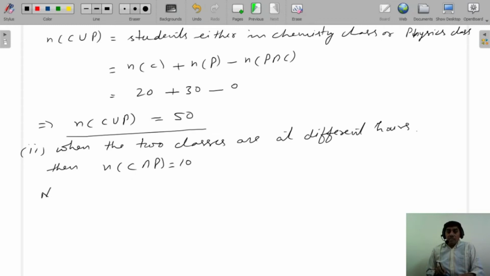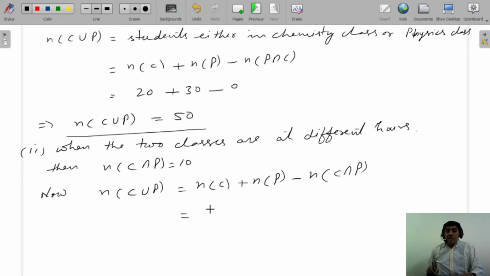Now, n of C union P is equal to n of C plus n of P minus n of C intersection P, which is 20 plus 30 minus 10.